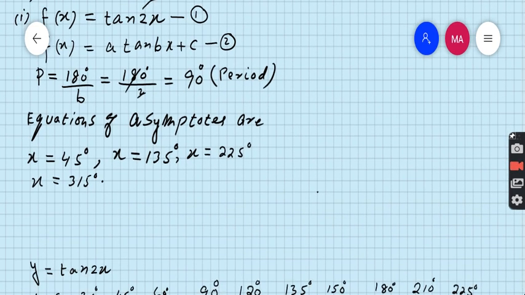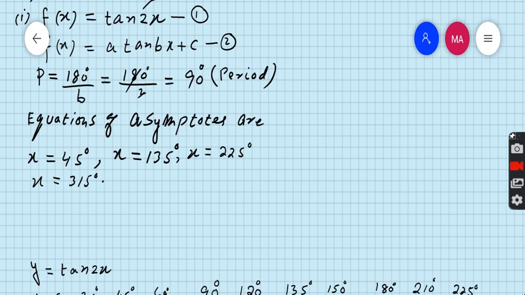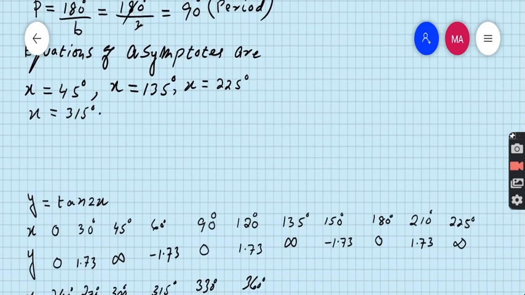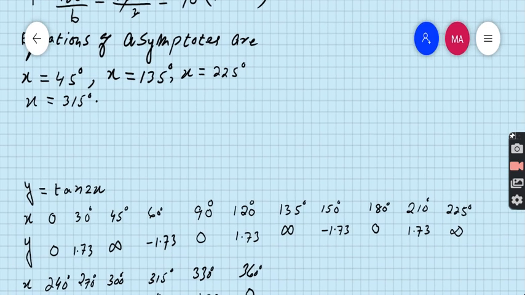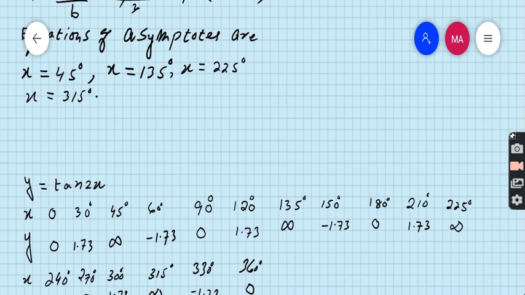Because there is no maximum and minimum value of tangent, we have to make a table in order to draw a smooth graph. What is the logic of the table? You can take angles from 0 to 360 degrees, and you can take any interval like 90, 180, 270 and 360.